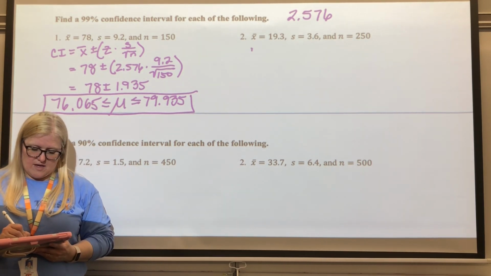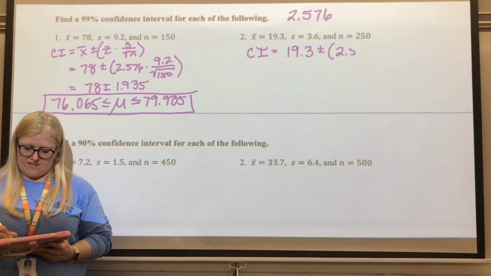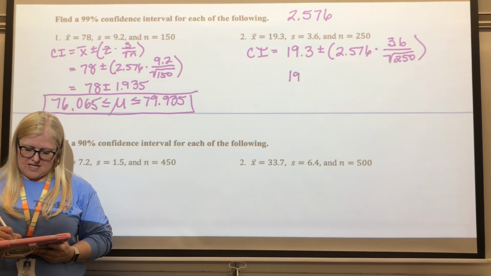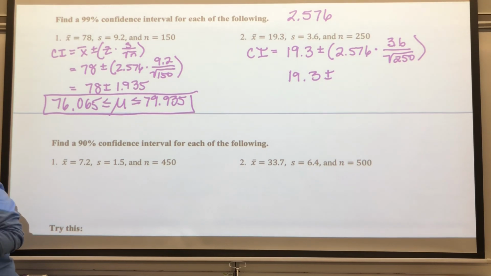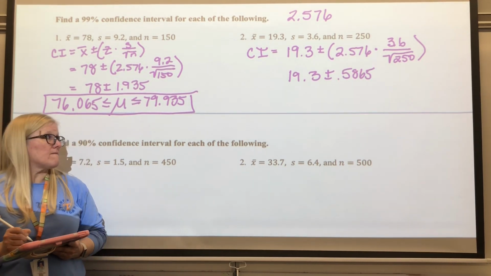So then this one, we would have 19.3 plus or minus 2.576, that's my Z, times S over the square root of N. And that becomes 19.3 plus or minus 0.5865.